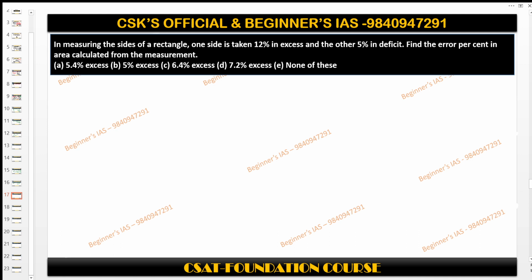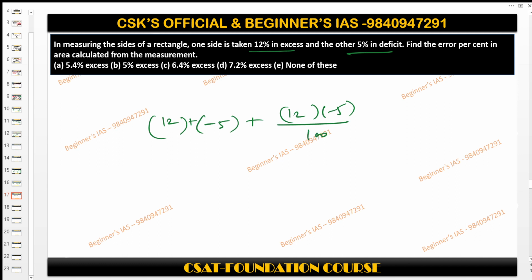So what is the answer for this one? Sir, is it 6.4? Yes, 6.4 excess. One side is excess, the other side is deficit. Then you used plus here and minus here, this concept you applied. Anybody used this method?